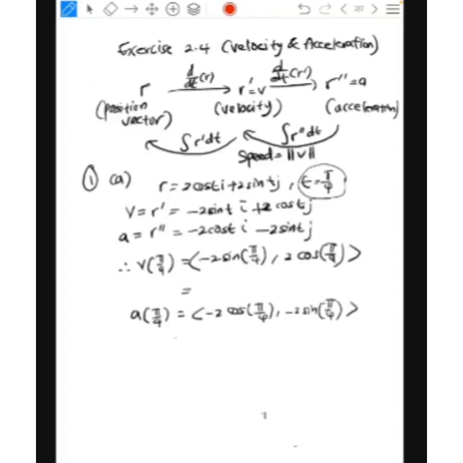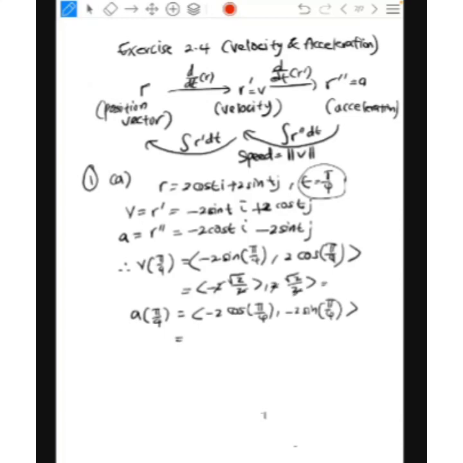Okay, so sin pi over 4 is equal to square root 2 over 2. Cos pi over 4 is the same, square root 2 over 2.